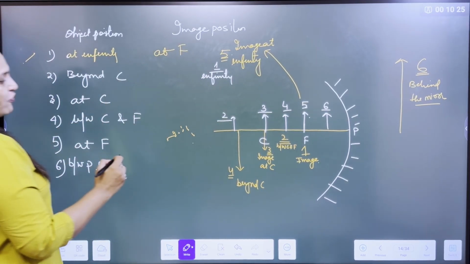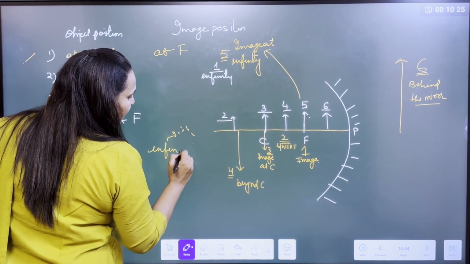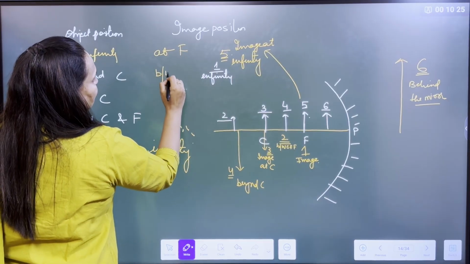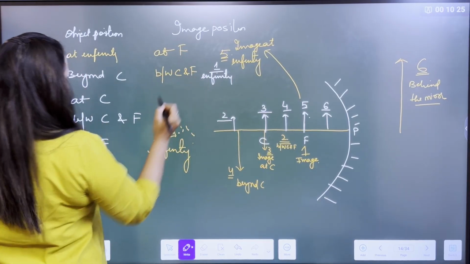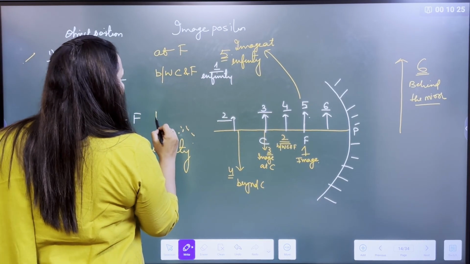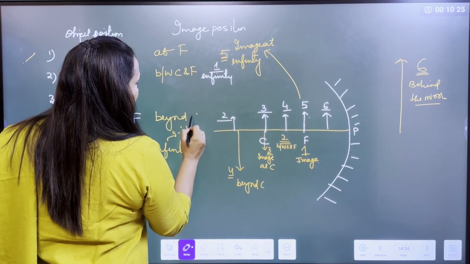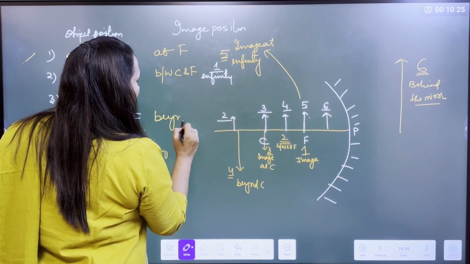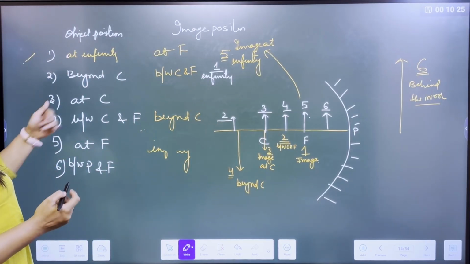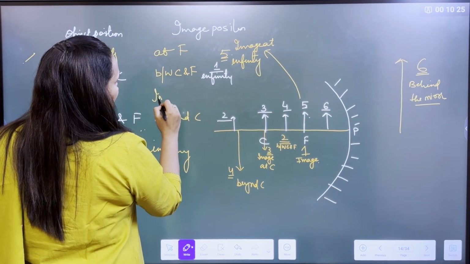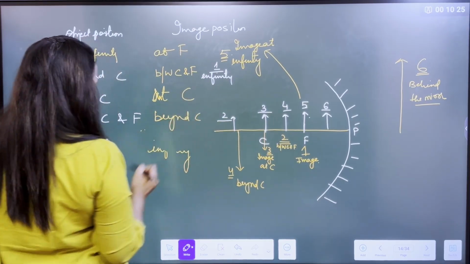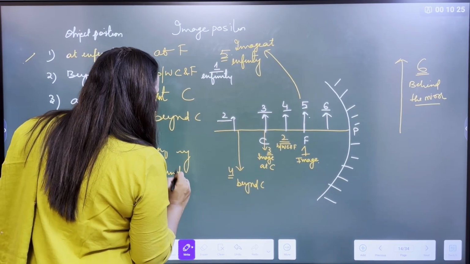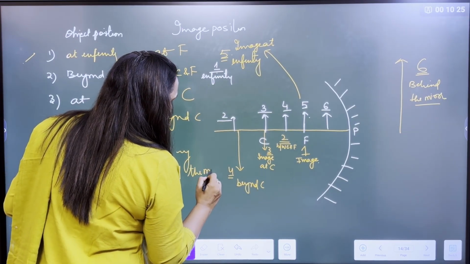Or if the object at focus, image is at infinity. If object is between C and F, image is beyond C. Vice versa. If object at C, image is also at C. Between P and F, image is behind the mirror.